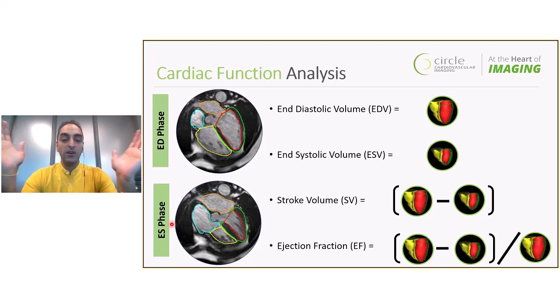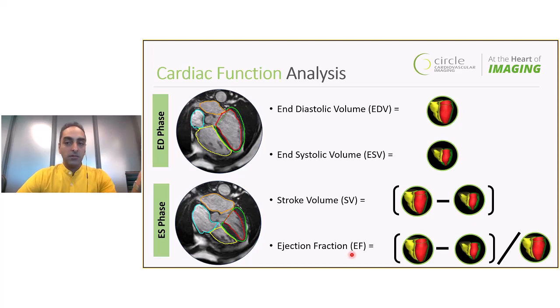This is where the muscles are at their most contracted state, meaning that the volume inside the left ventricle is at its smallest and all the blood has been pushed directly into the aorta. So by measuring the volume at the end diastolic phase and end systolic phase and looking at the difference of volume between these two, we can easily measure the ejection fraction.